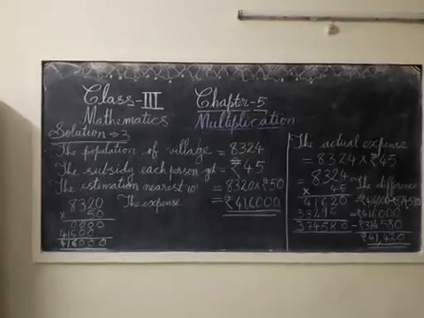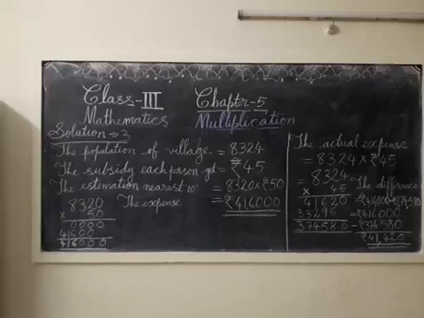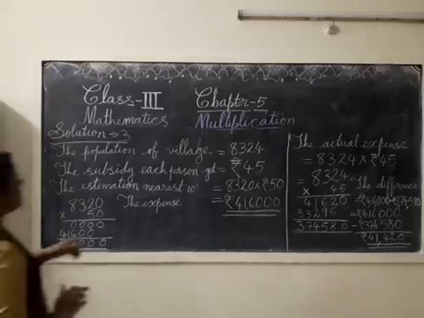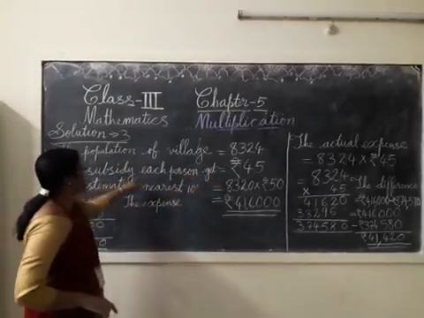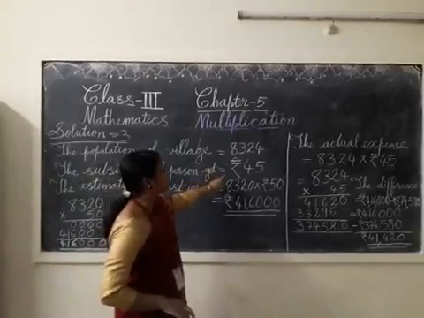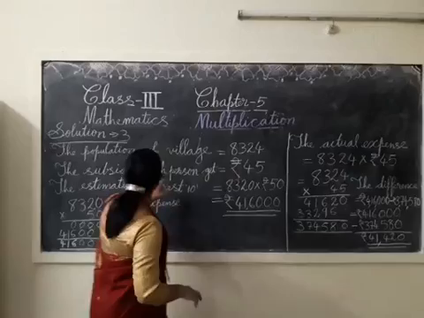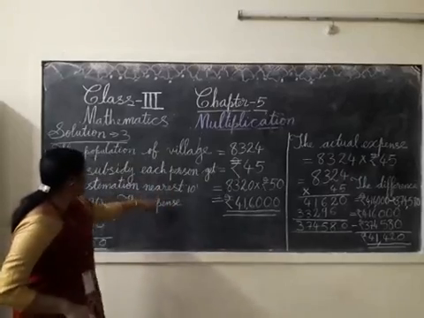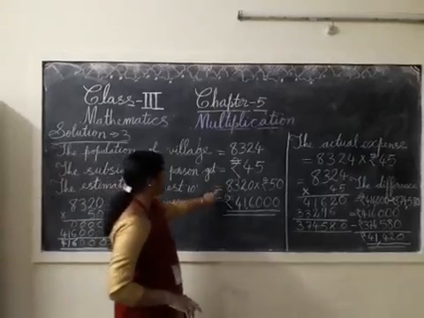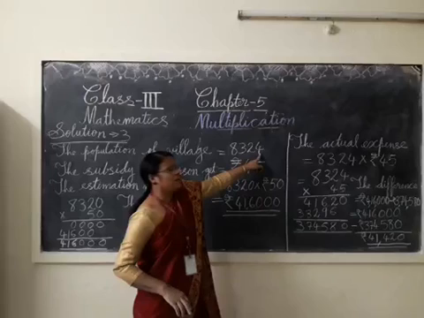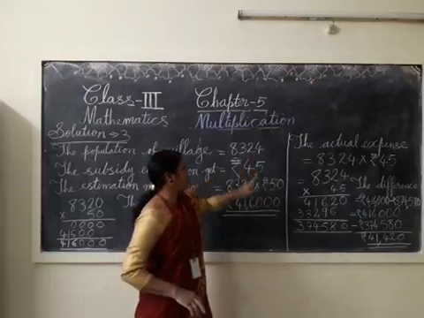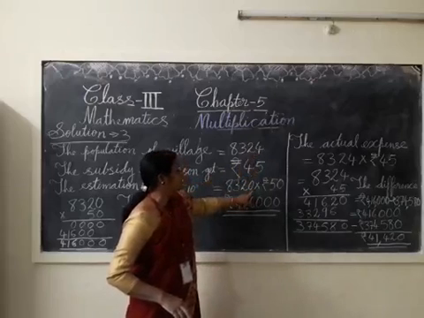Here is our solution for question number 3 that I have made. First, the population of the village is equal to 8,324. The subsidy each person gets is equal to rupees 45. Now, the estimation to the nearest 10 is equal to 8,320. Here, at the ones place we have less than 5, so it becomes 20 only.